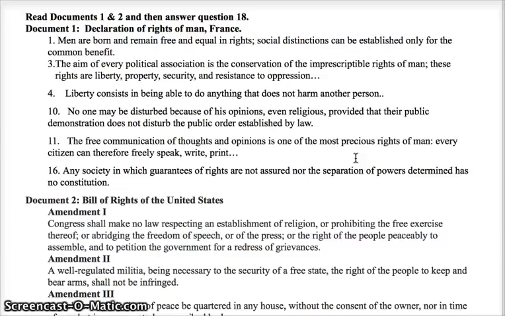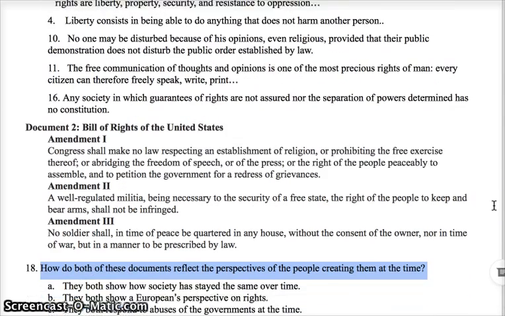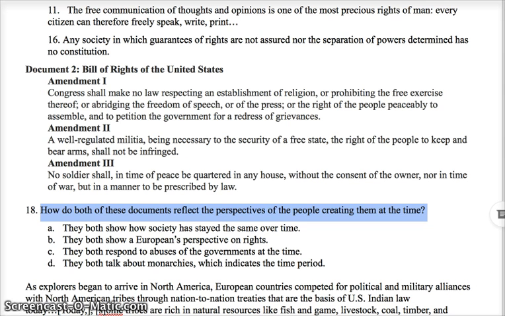Number 10 talks about having freedom of religion and opinion. Number 11 talks about the free communication of thoughts and opinions. So again, this idea of freedom, thoughts, and opinions. And number 16 talks about the guarantees of separation of powers in the Constitution. Document 2 talks about the Bill of Rights of the United States.